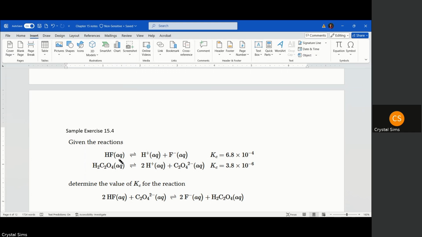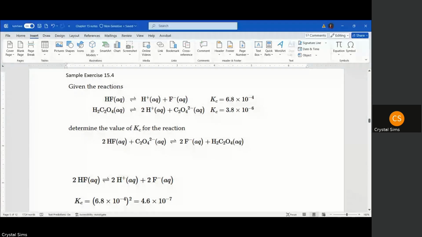We may find a way to get rid of that for now. But the main difference here is that we have a 2 and a 2, whereas up here we just have 1 and 1. So we're going to need to take this and multiply by 2, because we need to get those coefficients changed, right? And that's exactly what we do.